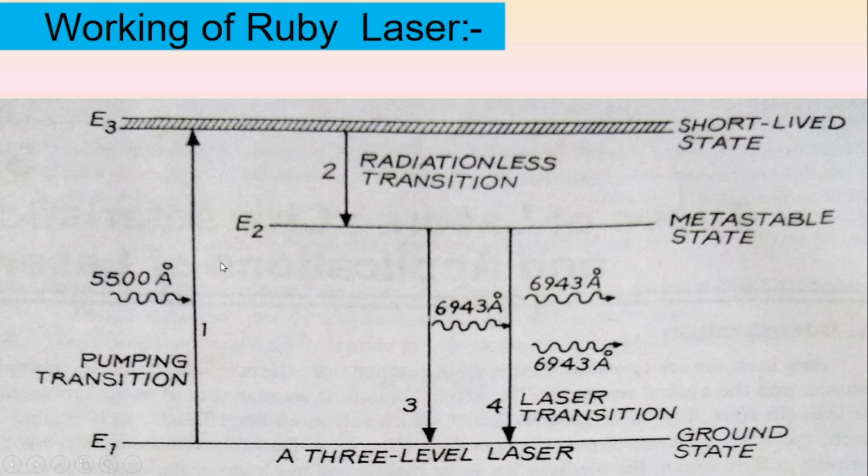Here is the incident photon, and this is the emitted photon. Between these two energy levels there is a radiationless energy transition, and we get a radiation of 6943 angstrom wavelength between the E2 and E1 energy levels. Now let us see the working of ruby laser.